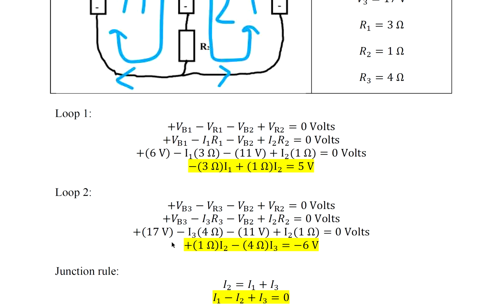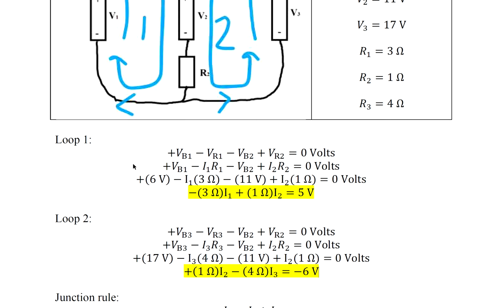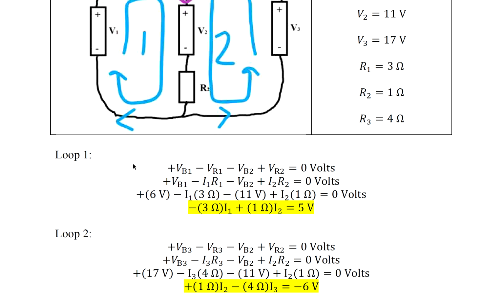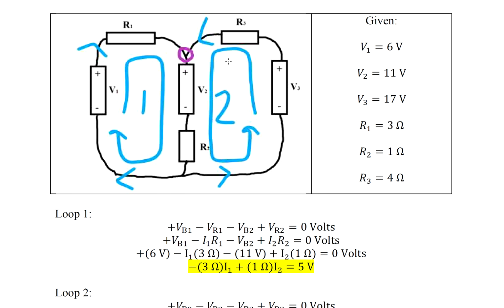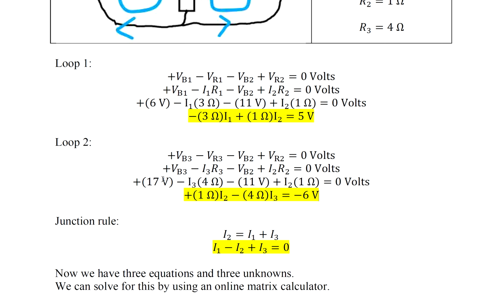I know V equals IR and I could simplify to get this. So my first 2 yellow equations, I have 2 equations, 3 unknowns. I don't know I1, I2, and I3. I could use a junction rule here on the top. I1 plus I3 equals I2. Now I have 3 equations, 3 unknowns.